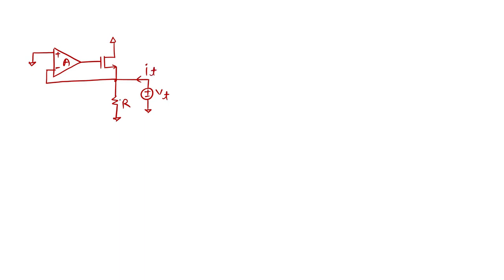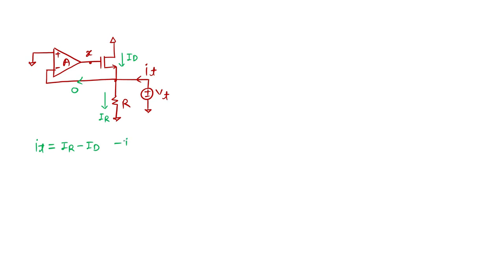First of all, what is this node X? Let's see what the current in this resistor is. This current I will first call IR. The current in this I will call ID. The current in this I will call 0. So what exactly is my IT? My IT is nothing but IR minus ID.